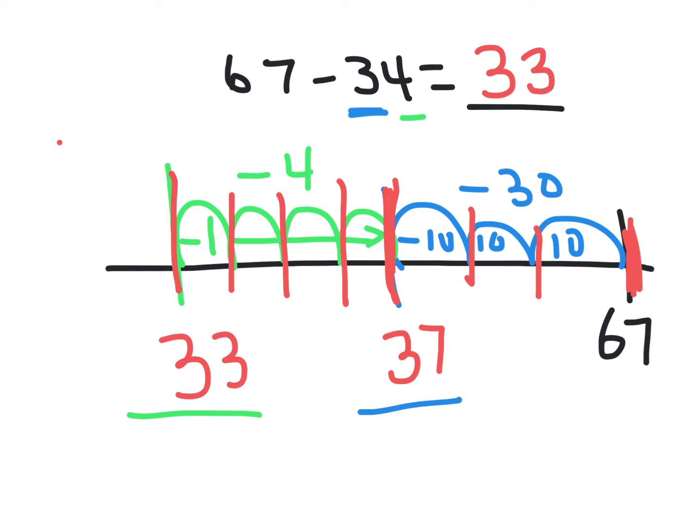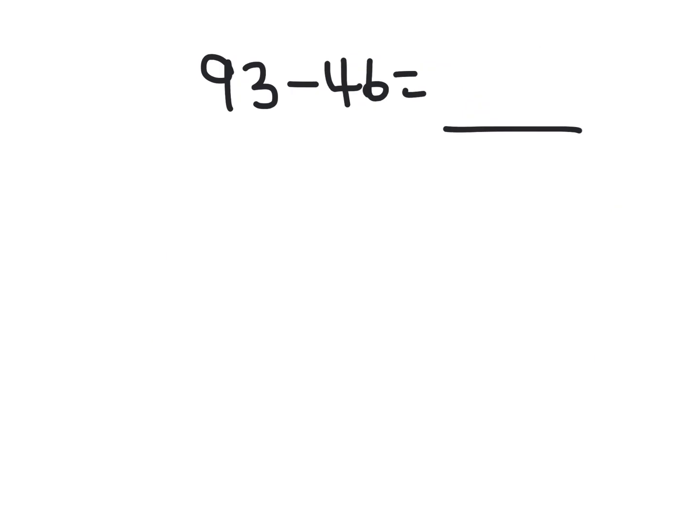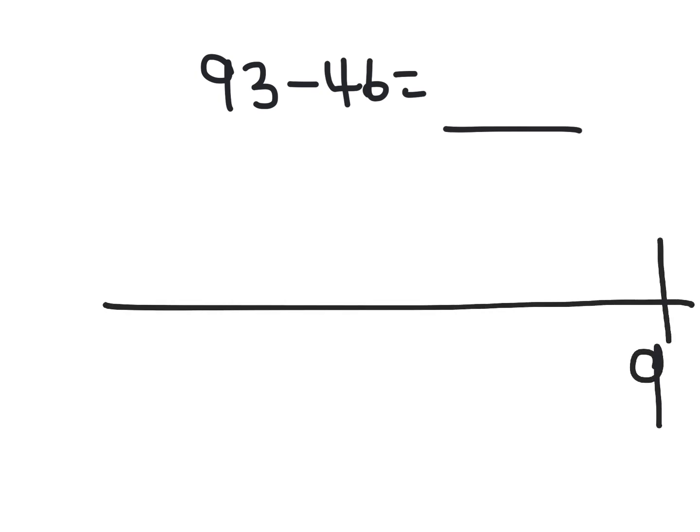Okay, wipe your board off and let's get ready for another problem. We have 93 subtract 46. Open number line, starting with 93. We'll jump back 4 tens. 10, 20, 30, 40, just like that.